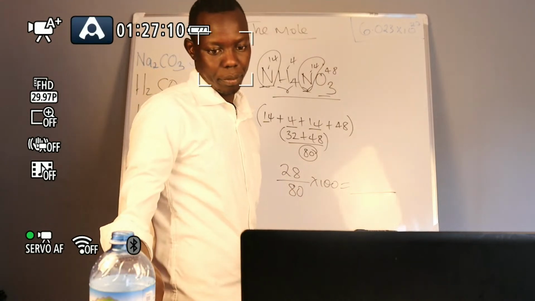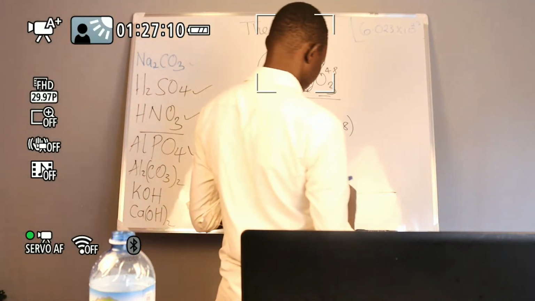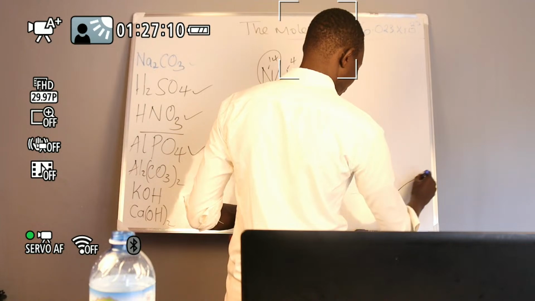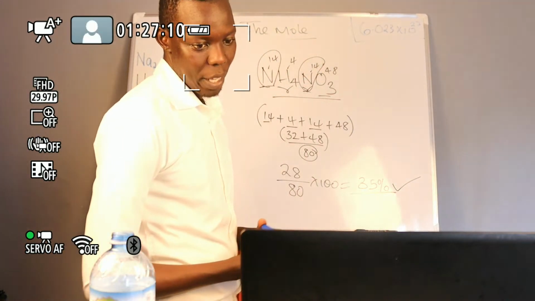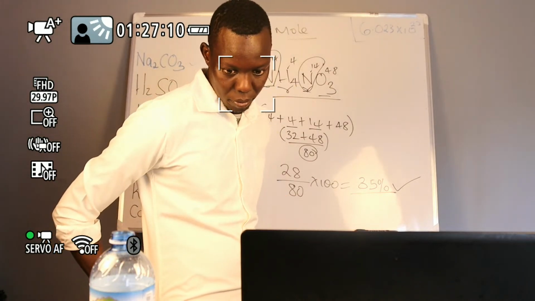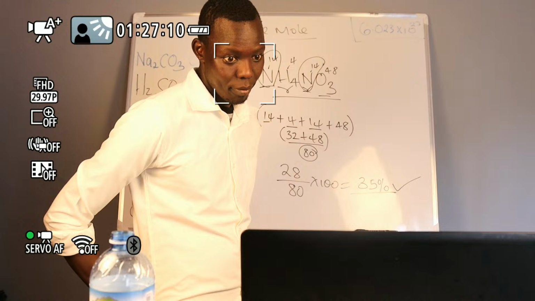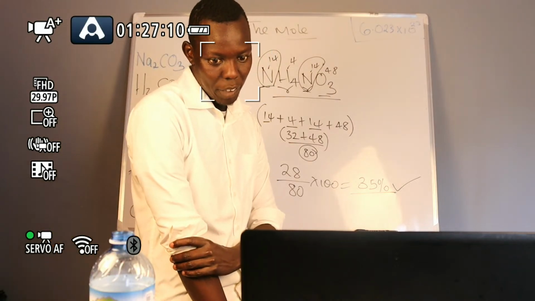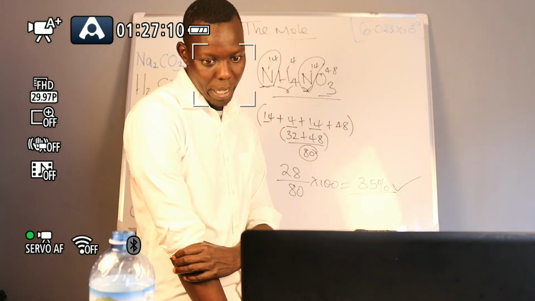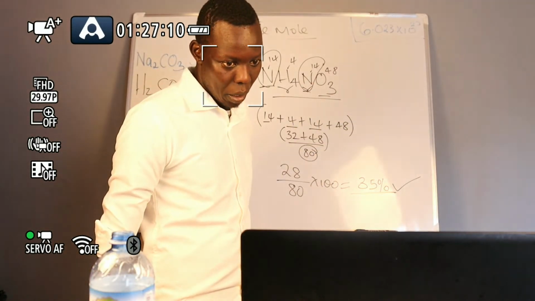So it's 35%. So if you have 35%, you are correct. Nimeelewa wengine wamecalculate pia ya hydrogen na ya oxygen, ni sawa, haina shida, which is very okay.